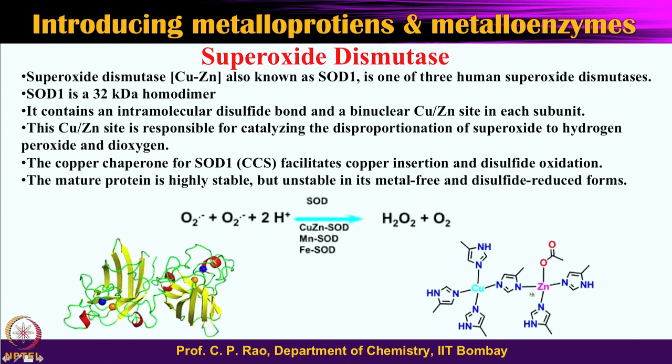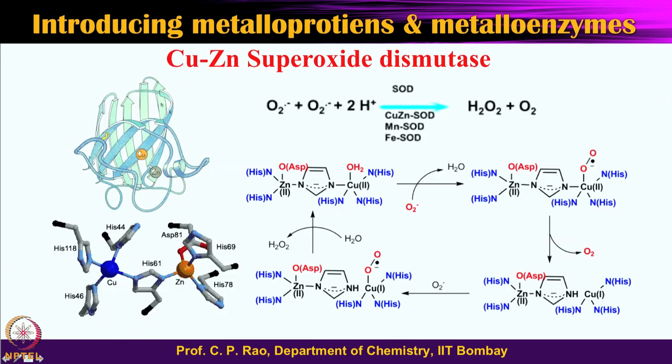The bridge is an imidazole: one nitrogen is towards the copper, the other nitrogen is towards the zinc. So these two are well connected through the histidine imidazole bridge between the two centers. This is the zinc center, this is the copper center. Copper is the catalytic center, zinc is the structural center. The structural center can be replaced by other kinds of ions, but the catalytic center cannot be spared.